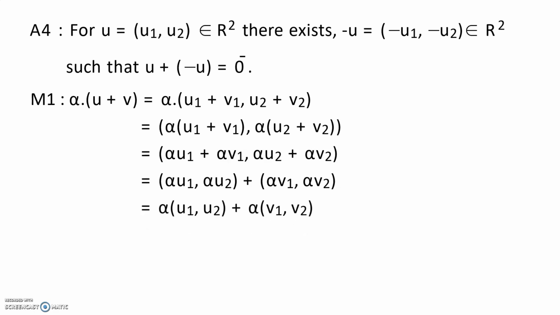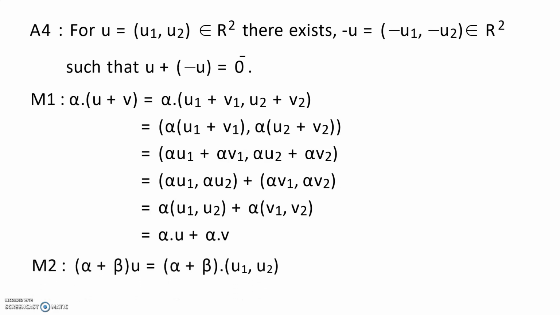If we take alpha as a common factor, then we get alpha into u1 comma u2 plus alpha into v1 comma v2, which is equal to alpha into u plus alpha into v. Hence, distributive property also holds.